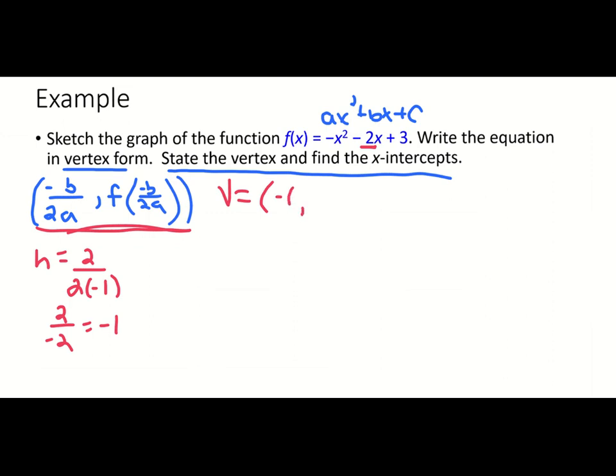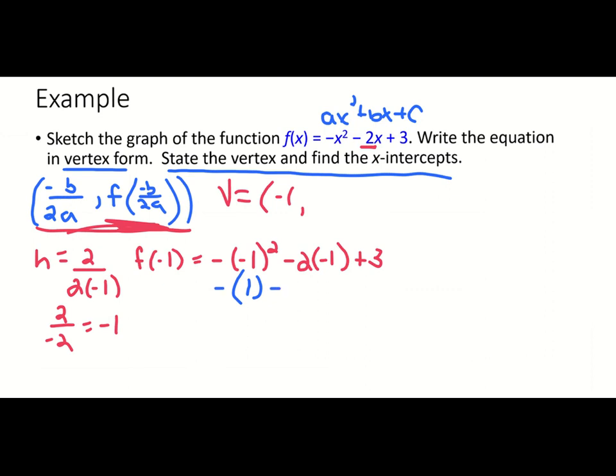Now, to find k, we have to do f of negative 1. So we have to plug it into our equation. So I'm going to do negative, and then my x will be negative 1 squared, minus 2 times negative 1, plus 3. When you square negative 1, you end up with a positive 1, but we have to do the opposite of that.